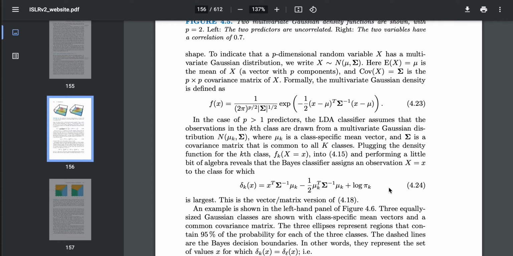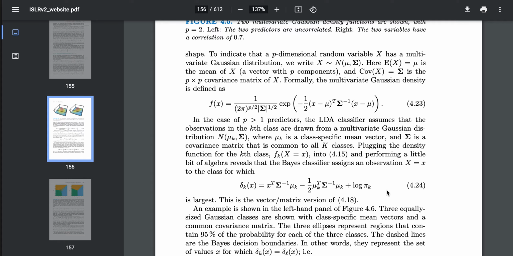I suggest you do it at least once for yourself, so you get this discriminant function. This is a Bayes classifier. For any new feature, we take the transpose of it, multiply it by the inverse of the covariance, then multiply it by the class-specific mean vector, and then minus 1/2 this term, plus the log prior probability.